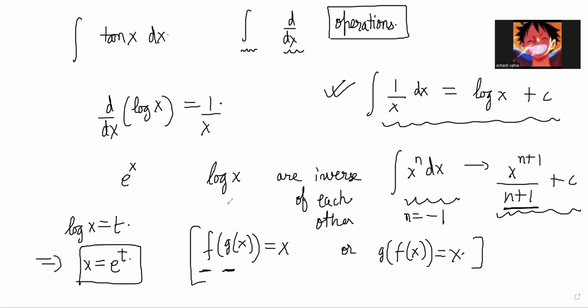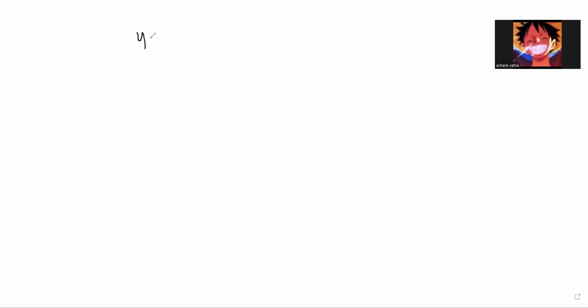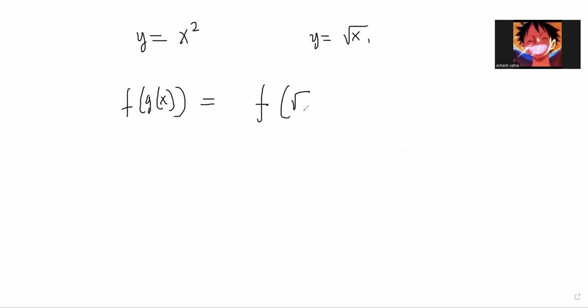For example, two functions which are inverse of each other are x square and root x, right? Basically, if you do f of g of x, where f is x square and g is root x, you will get f of root x, and then f of root x will become root x square, and the output is coming as x only, right?